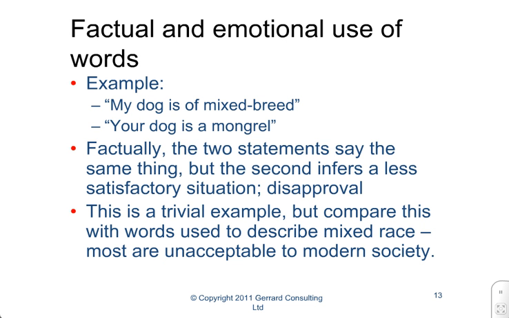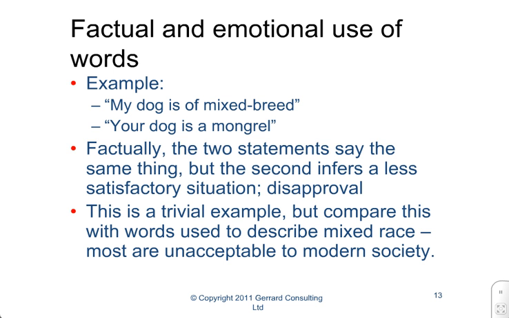So let's go on to the use of factual information versus emotional use of words. If you take a very simple example, these two statements actually mean the same thing: my dog is a mixed breed, or your dog is a mongrel. But the terms come across with a different emphasis.